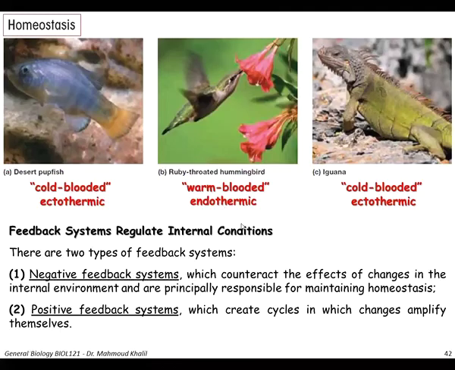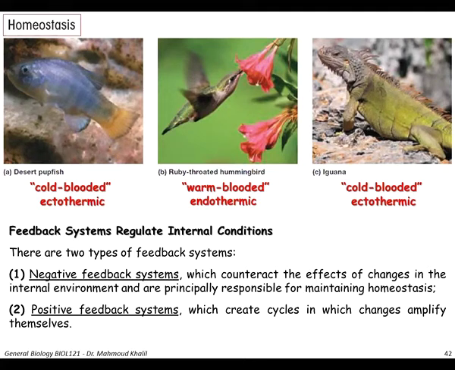To keep homeostasis occurring, bodies have two basic mechanisms: the negative feedback mechanism and the positive feedback mechanism. The negative feedback mechanism counteracts the effect of changes in the internal environment and is responsible for maintaining homeostasis, while the positive feedback mechanism creates cycles to amplify the signal inside our body.